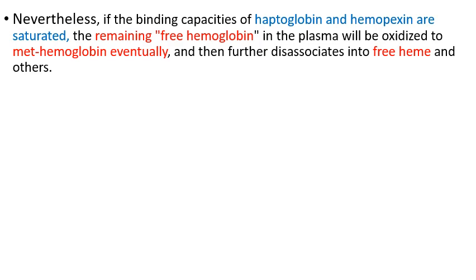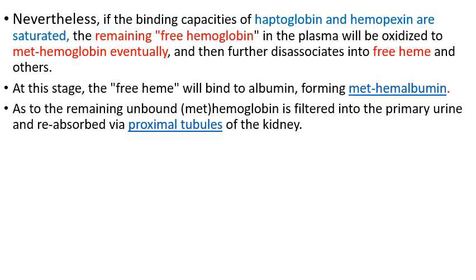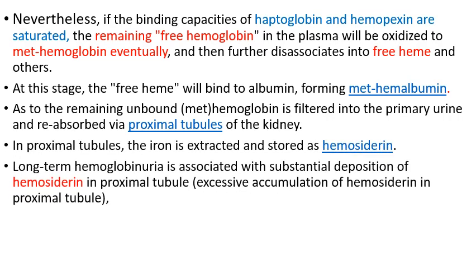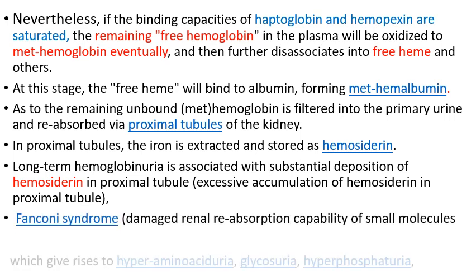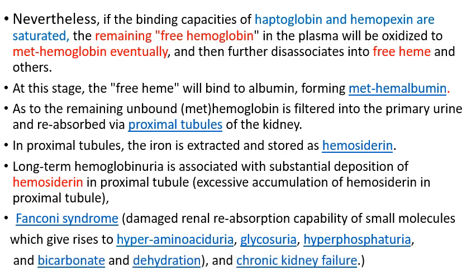If the binding capacity of the haptoglobin and hemopexin is saturated, the free hemoglobin in the plasma will eventually be oxidized to methemoglobin, and will be further dissociated into free heme and others. At this stage, the free heme will be bound to albumin, and it forms methemalbumin.